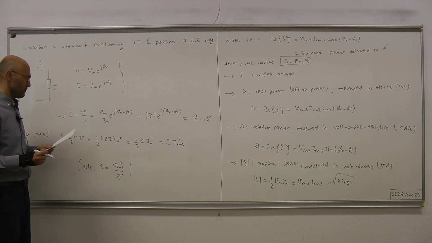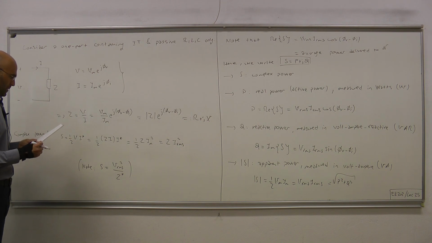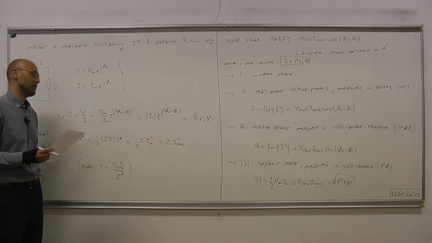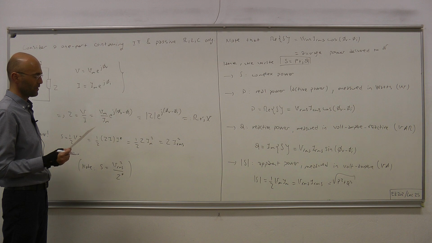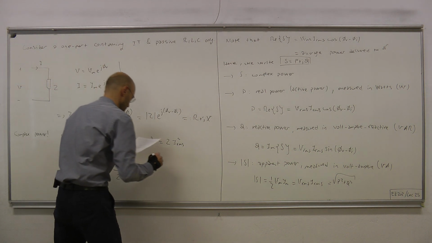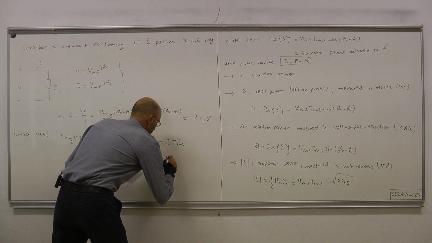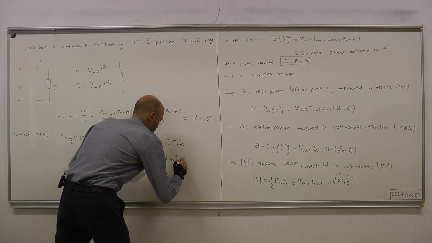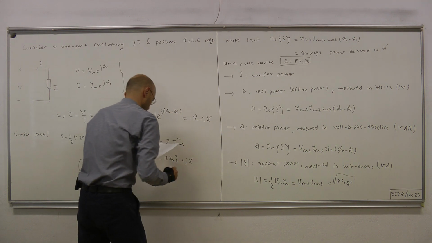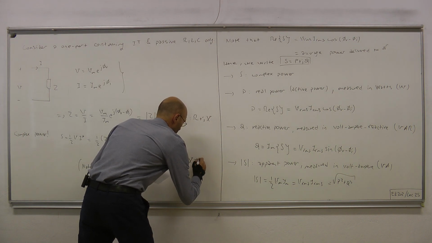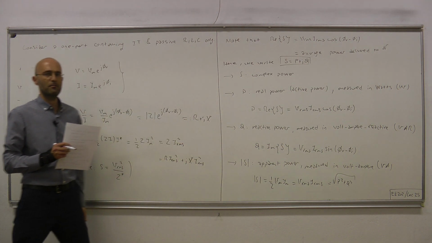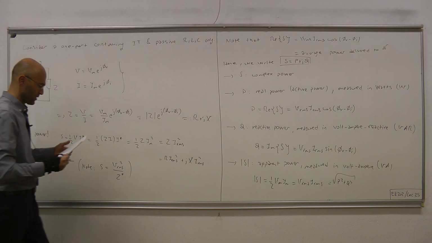So S equals impedance times the RMS value of the current squared, and that equals also R I RMS squared plus j X I RMS squared, because Z in rectangular form can be written as R plus jX.